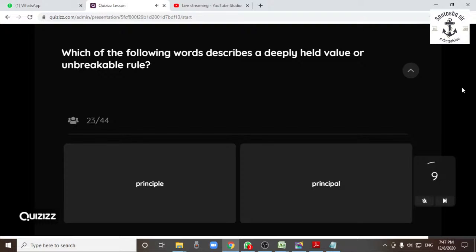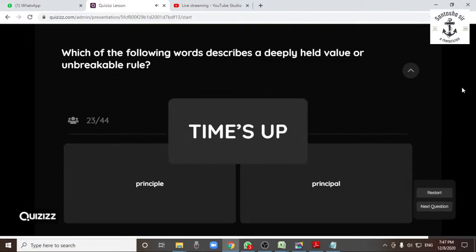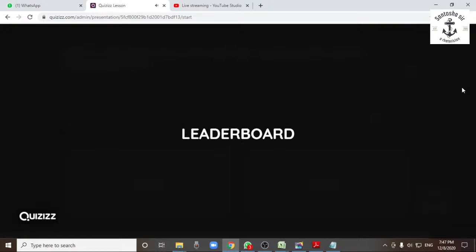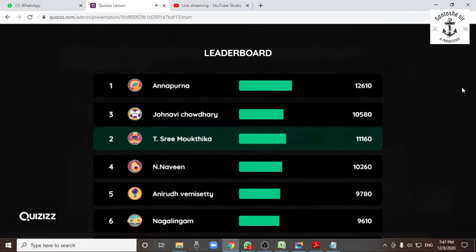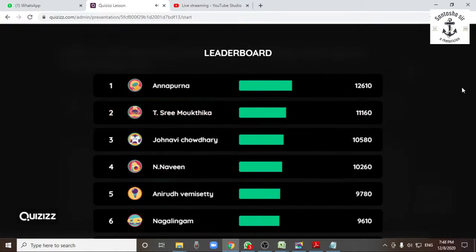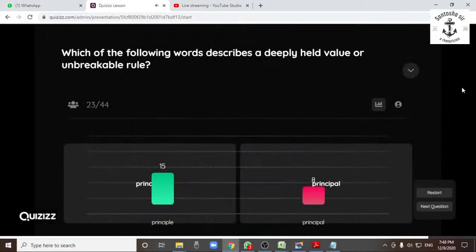Ten seconds more. Time is up. 23 members answered. Annapurna is still leading, followed by Mogdika, Jahnavi, Naveen, Anirudh. 15 members answered it right. 8 members answered it wrong. Moving on to the next question.